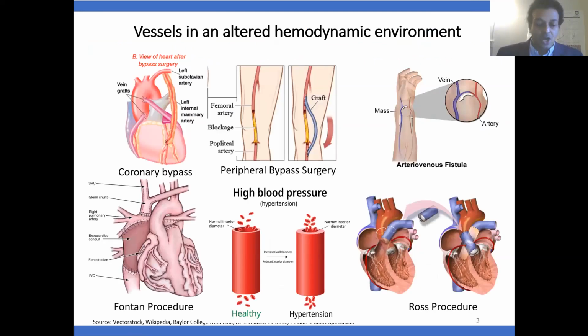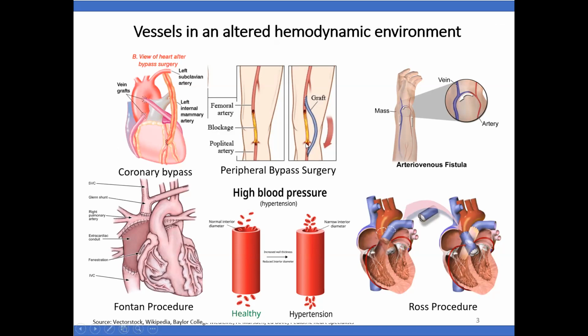But there are a lot of cases in surgeries and pathologies where these blood vessels start experiencing hemodynamic loads or mechanics that are very different from the native environment. On this slide, I have a few examples. In coronary bypass surgery, a vein, which is a low flow, low pressure system, is placed in the arterial circulation. Peripheral bypass surgery, which happens in the leg, again has an altered hemodynamic environment for the vein.